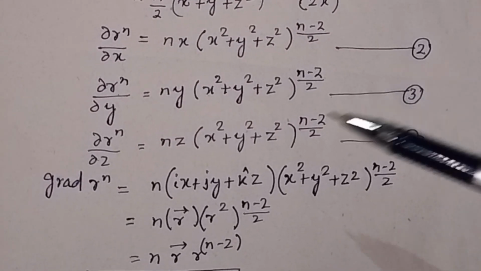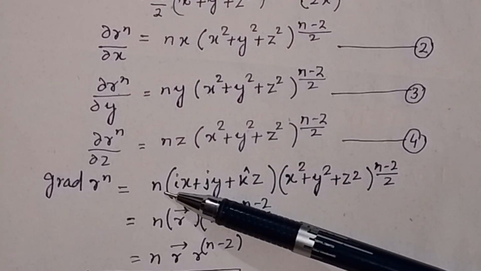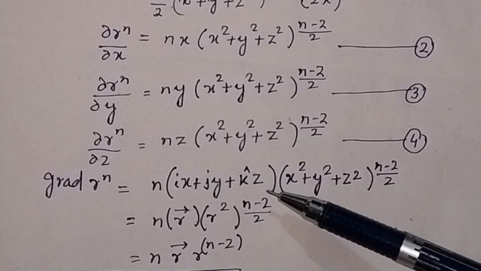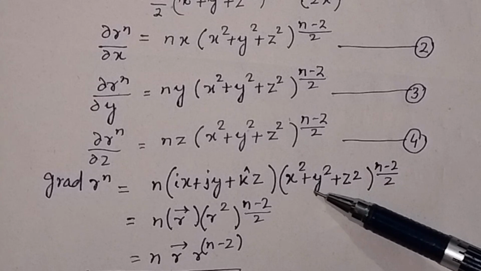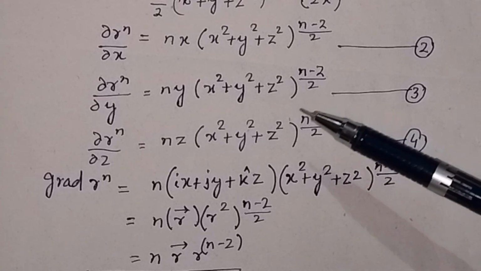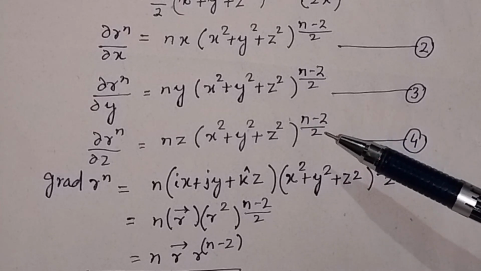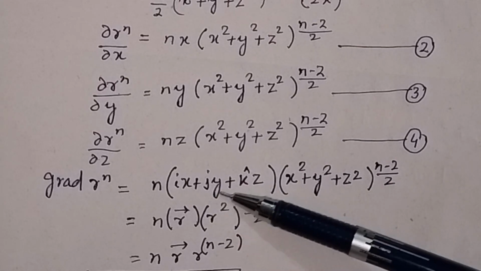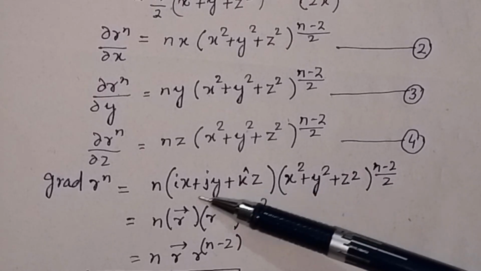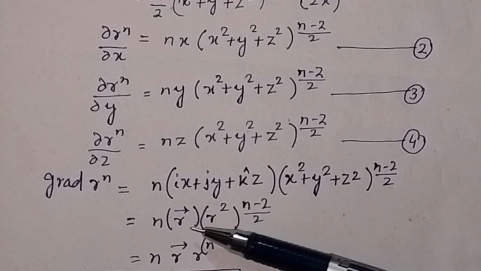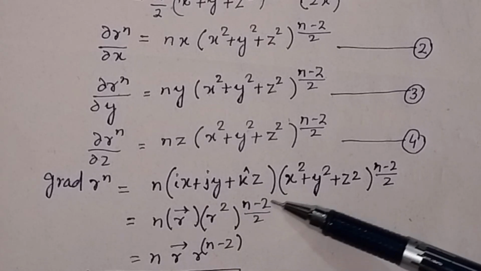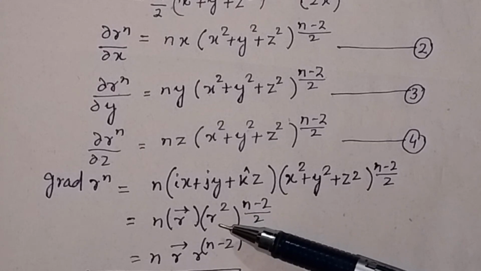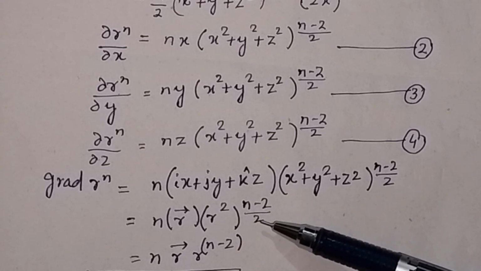Then gradient of r will be equal to, you can take n common, and also take common x square plus y square plus z square whole to the power n minus 2 divided by 2, so that in the bracket you have i cap x plus j cap y plus k cap z, and this is nothing but the position vector, that is r vector, and x square plus y square plus z square is nothing but r square. So r square to the power n minus 2 divided by 2.